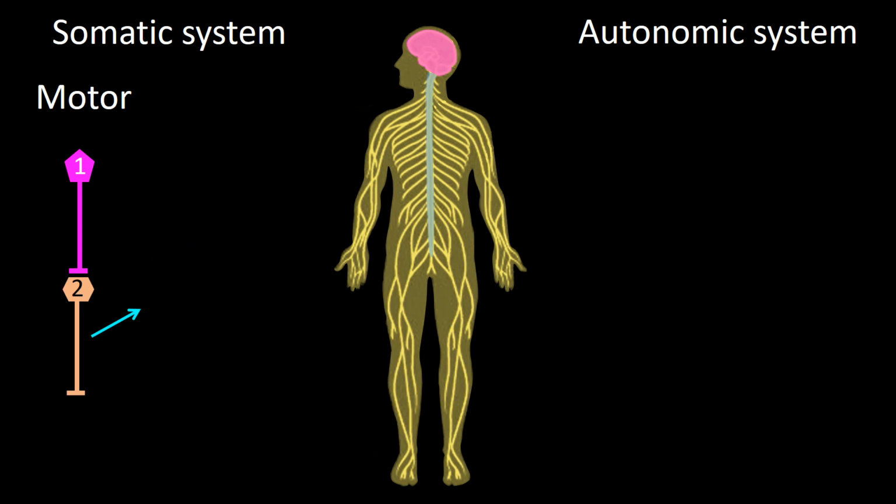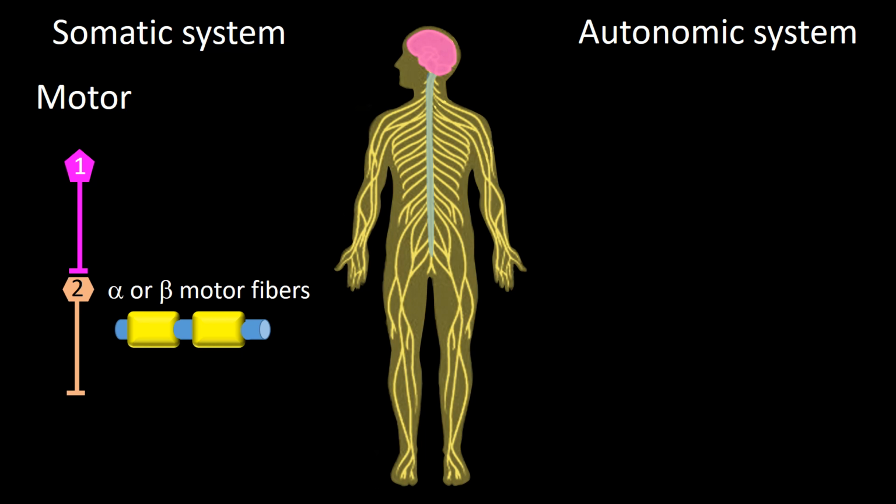The axons of these neurons contribute to the formation of the roots, plexi, and nerves of the face and head, arms, trunk, and legs. The axons of the second neuron are heavily myelinated. Using the axonal motor fiber classification, they are classified as alpha or beta motor fibers.